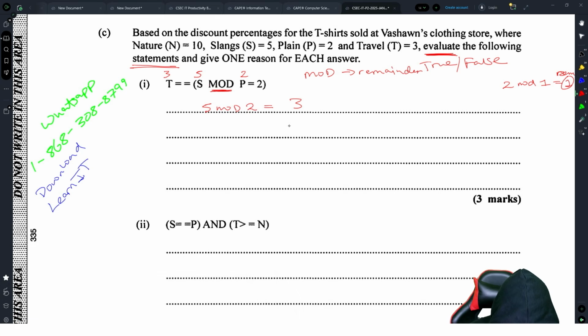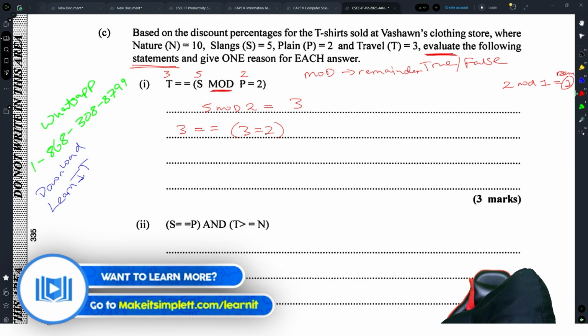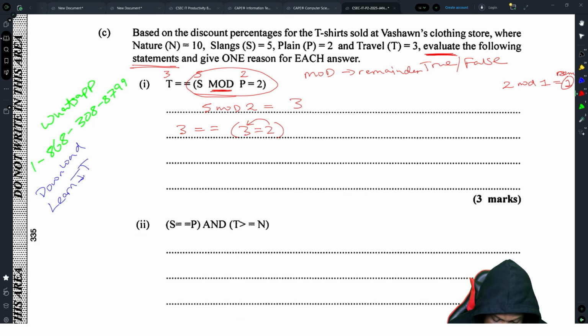So what they're trying to say is, okay, is 3 equal to 2? I'm confused. What is this equal to? I know what S mod P is, but S mod P equal to 2? What is actually happening here?